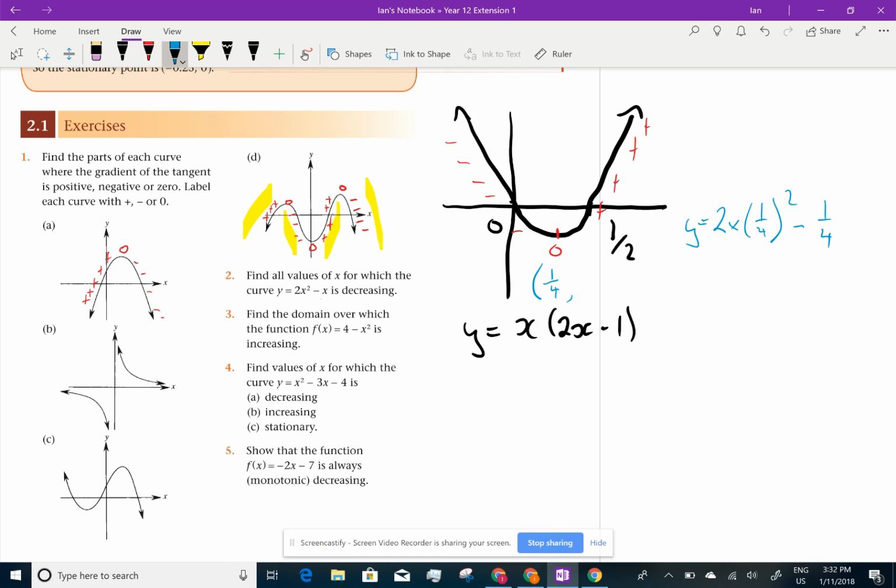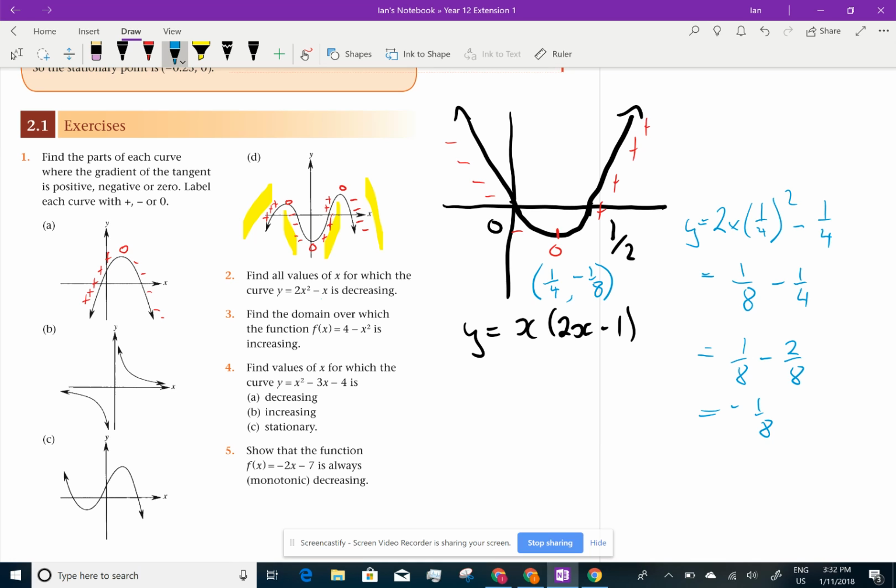This is what y equals. That's 1 on 16, 2 on 16, so 1/8 minus a quarter. So that's 1/8 minus 2/8, which is negative 1/8.